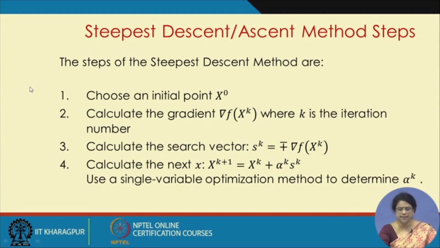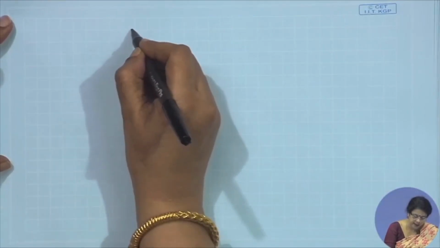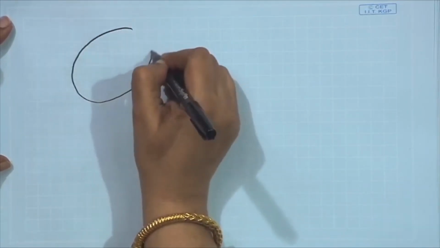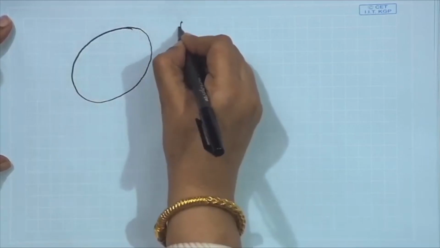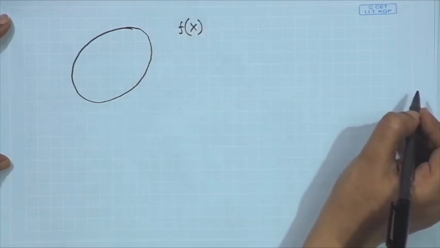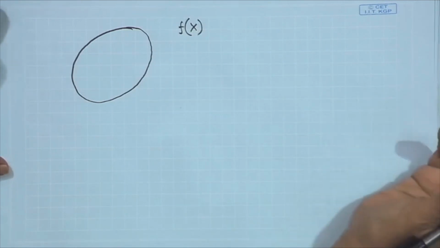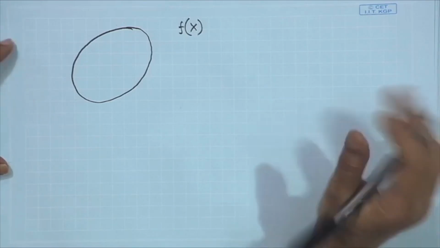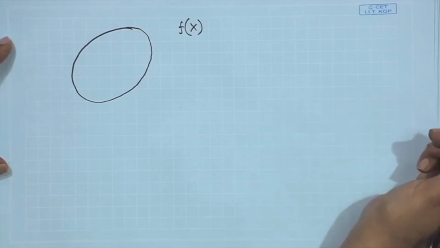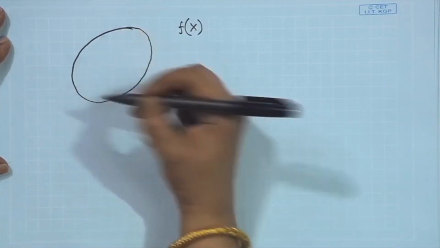Now, let us consider one example for this. Say we have a function f(x). Capital X is the vector, it can be in R2 if we consider, and similarly it can be in R3, that is the surface, etc. If I consider the simplest case, that is R2, then this is a level set of the function.